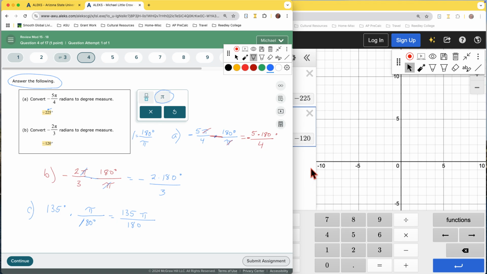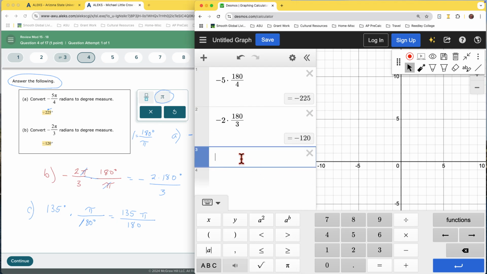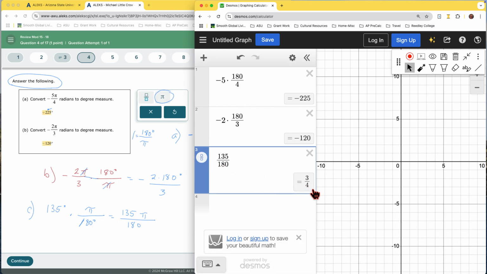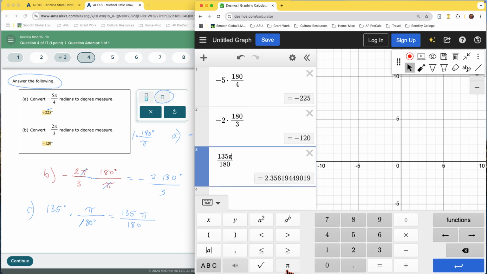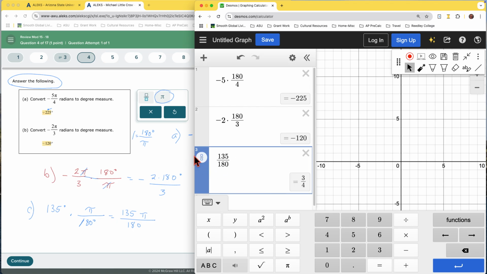However, what I would do, a nice easy way to do that, is to come over here, type in 135 divided by 180. We get 0.75 as a decimal, but when we click here, we can get the fraction. It's 3/4. We didn't put in the pi, because if we do, we don't. Let's see if I do that. Yeah, see, it won't give me that option. So I don't put the pi in. I just want to get the fractional part. That's 3/4. That's what this is, times pi.